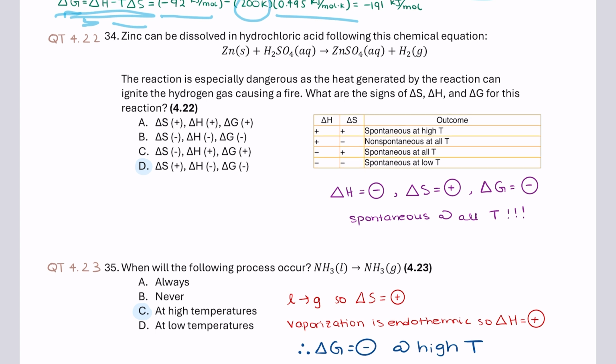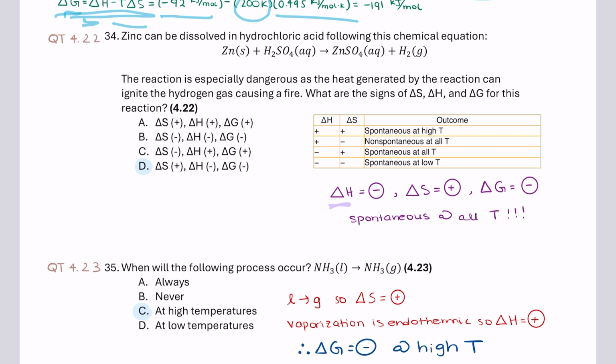Let's begin by considering the sign of the enthalpy change, delta H. The question mentions that the reaction is especially dangerous because it produces enough heat to potentially ignite the hydrogen gas. That tells us that the reaction releases energy as heat, which makes it an exothermic reaction. And because it's exothermic, the enthalpy change is negative.